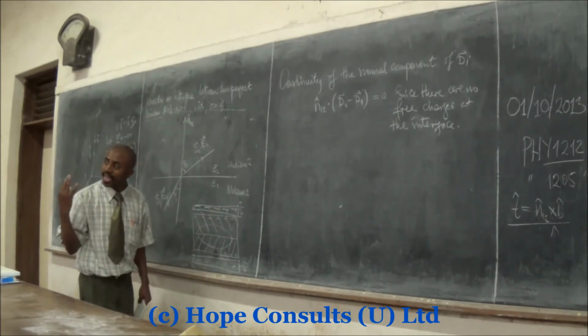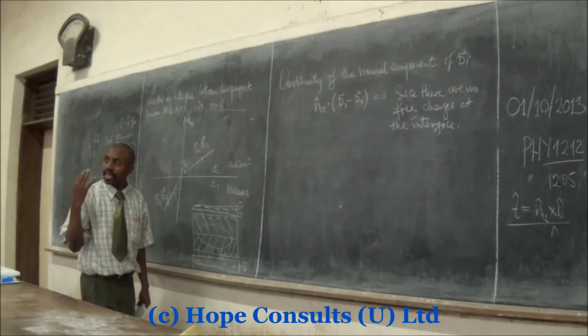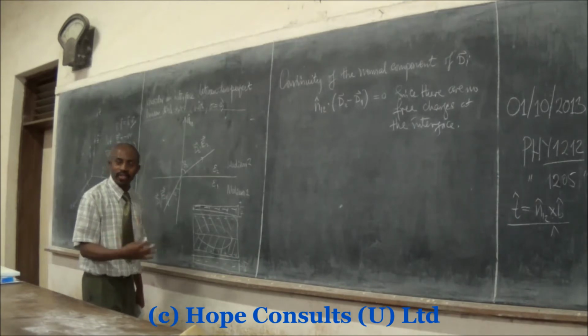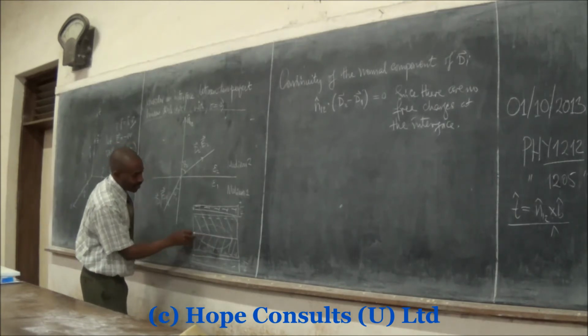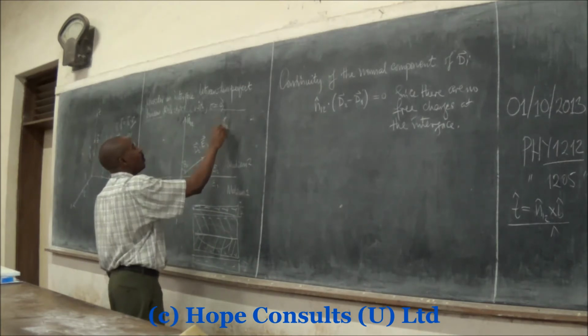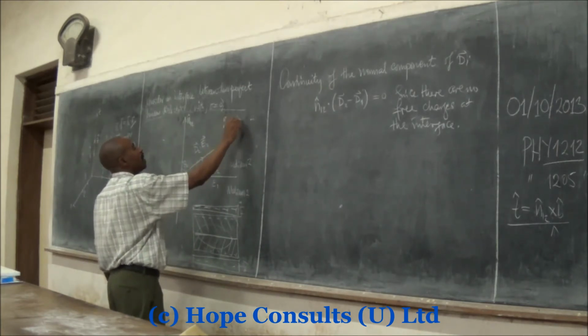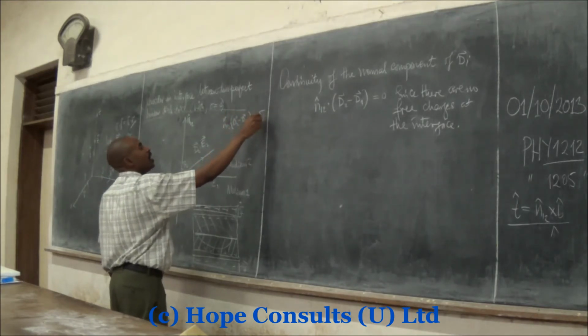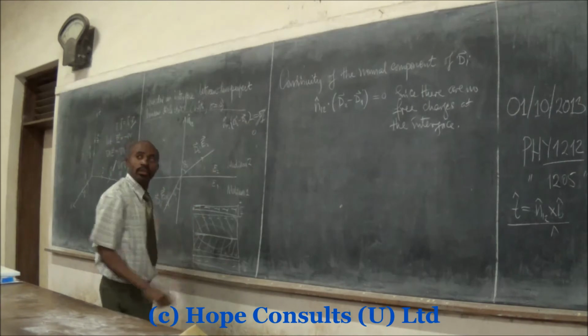So at an interface of two linear dielectrics, you wouldn't find any free charge. That means n12 dot (D2 minus D1), which was equal to sigma free, equals 0.